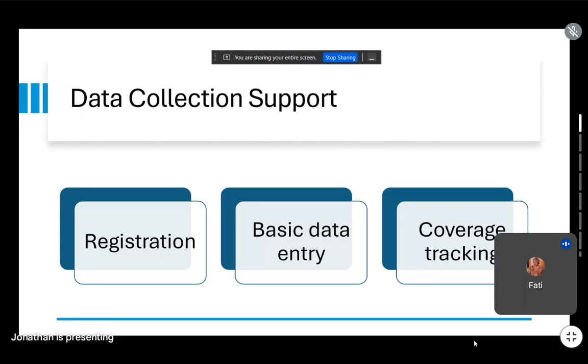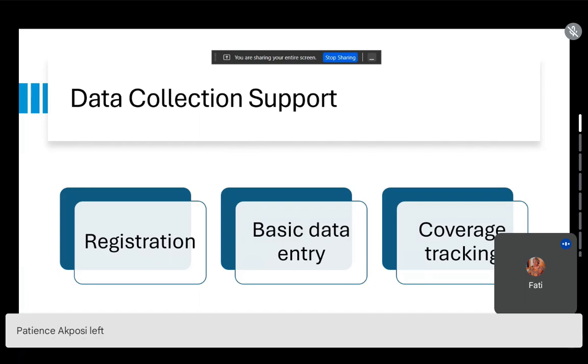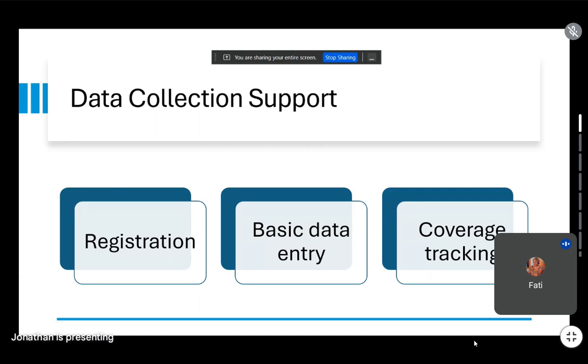We have recording of basic details. It could be names, or if the program requires that we don't use names, you assign certain codes to those people. Then if it is vital signs, height, weight, BMI, and all those things, you help in that aspect.